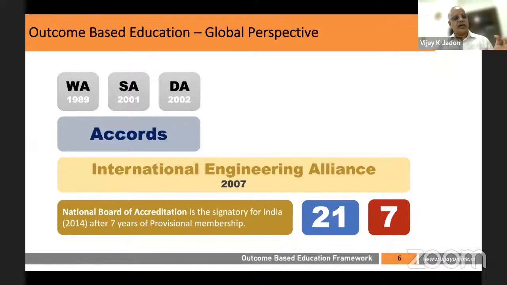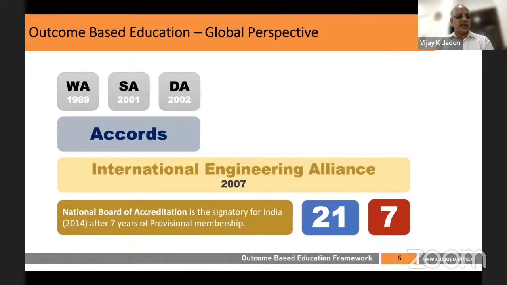The Washington Accord was the first. In it, six countries came together: the USA, UK, Australia, Canada, New Zealand, and Ireland. They found that their engineering education systems were alike. I have made a disclaimer that this slide is only for engineering, but this was the first educational system where OBE was formally or officially implemented.